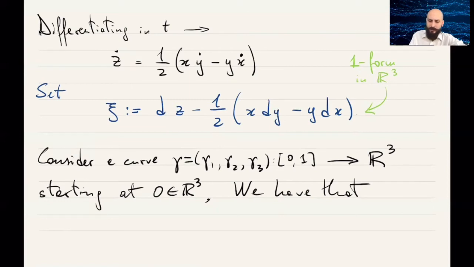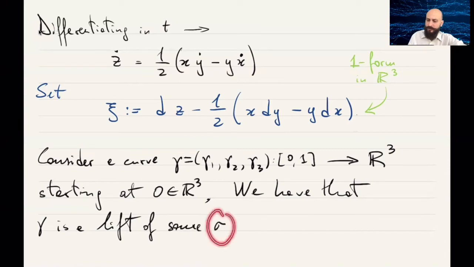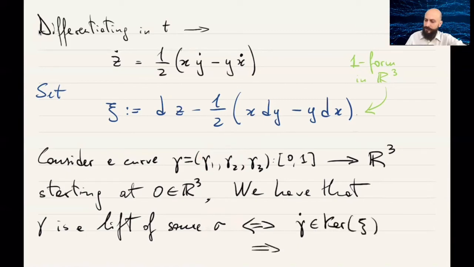We have that gamma is a lift of some sigma, where sigma is actually the first two coordinates, if and only if gamma dot is in the kernel of this one form, which is the same as saying that xi at gamma dot is constantly equal to 0.